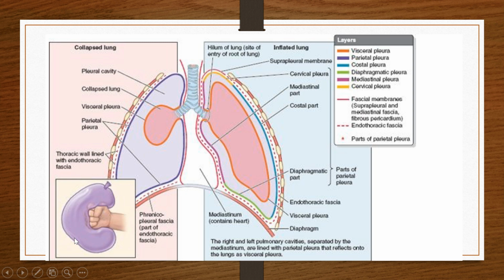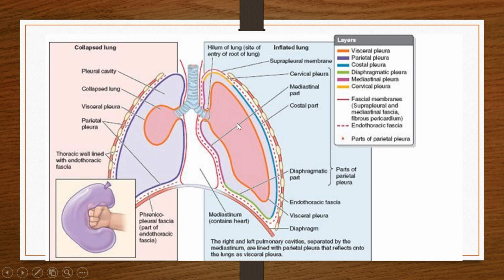The outer layer is the parietal pleura, which is continuous with the visceral pleura at the hilum of the lung. This is the lung, so it will be continuous only at the hilum, or the root of the lung, where it is bounded, but all other sides are free to move.